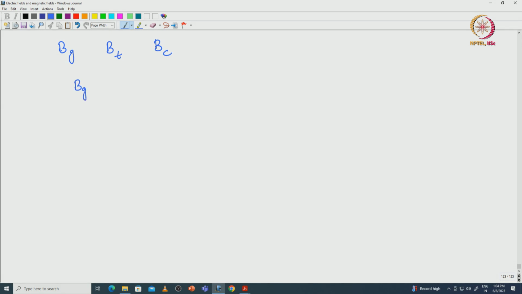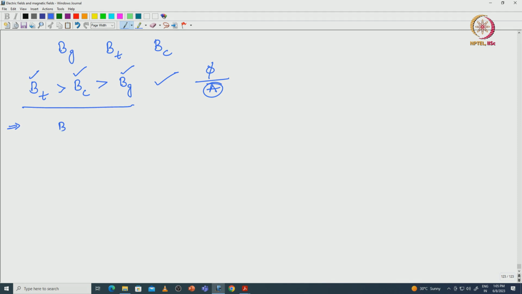Since the area with respect to the teeth is smaller, the Bt value is greater than Bg, and Bc is greater than the Bg value, since the flux is the same and the area is different for different portions. So based on that relation we can conclude that the maximum flux density will happen at the teeth, the next maximum flux density at the core, and the lowest at the air gap.